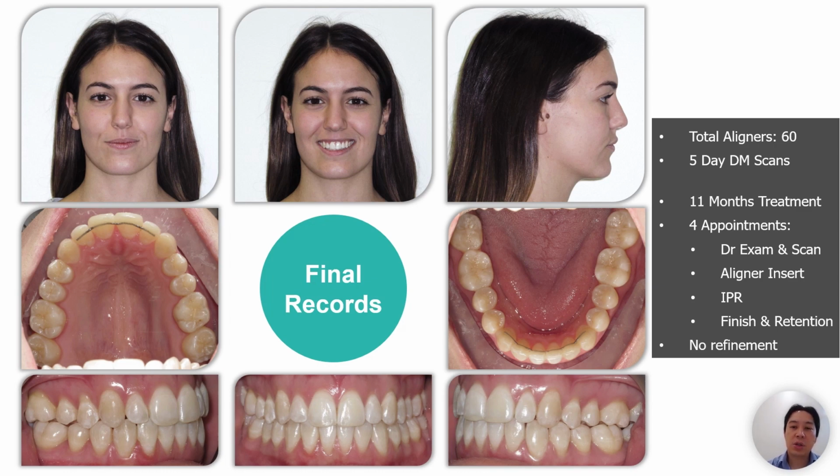So the initial exam and the scan, aligner insert, interproximal reduction, and the finish and retention. This is obviously an ideal case. Not every case is going to turn out like that, but like I was saying before, it really demonstrates the power of dental monitoring and what it can do for not just you, but also for the patient.